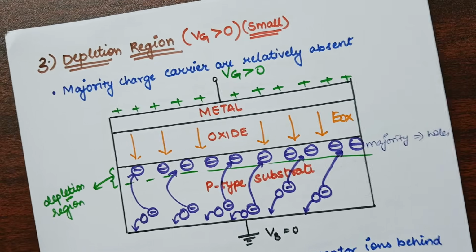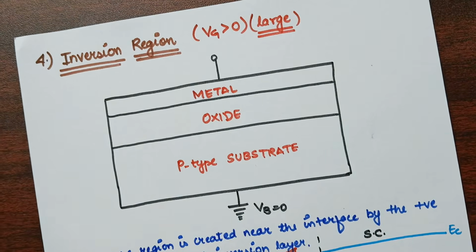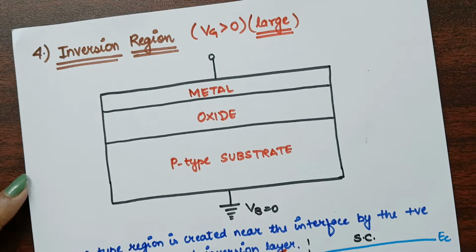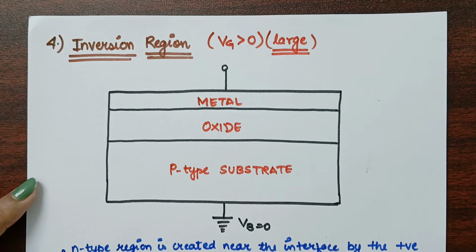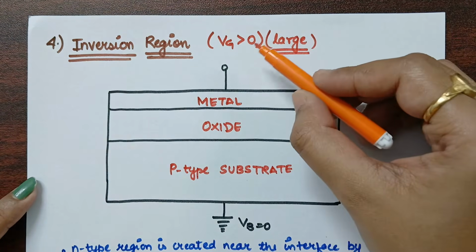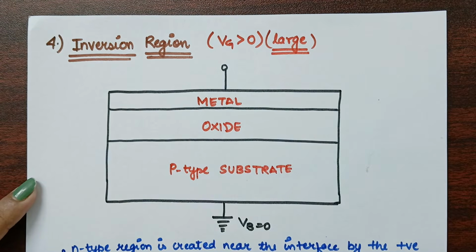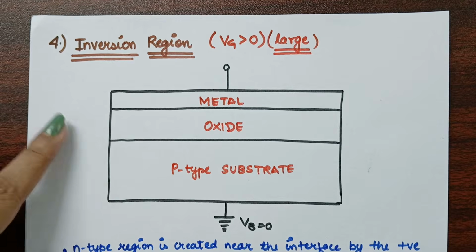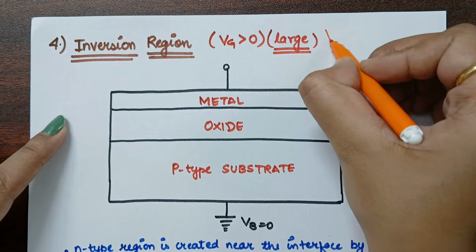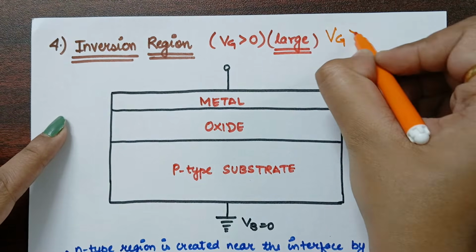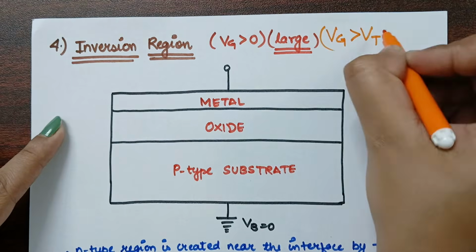Next we will move to the last region, which is the inversion region. What happens in the inversion region is that we apply a positive gate voltage at the gate terminal, but VG should be larger, greater than the threshold voltage.